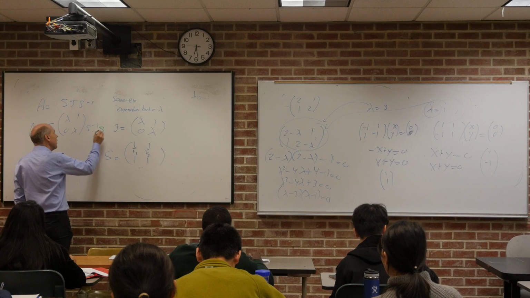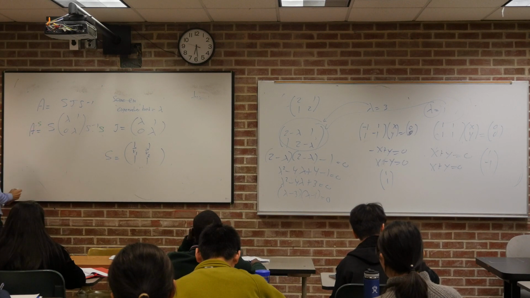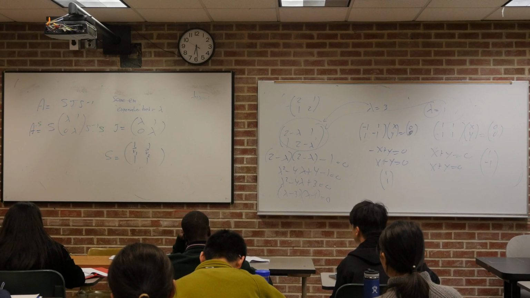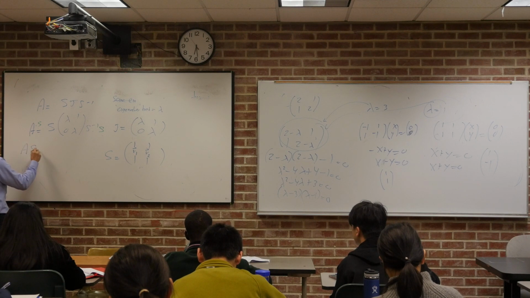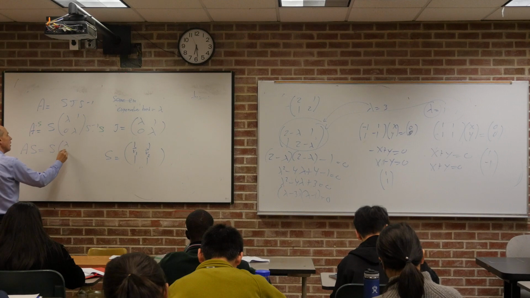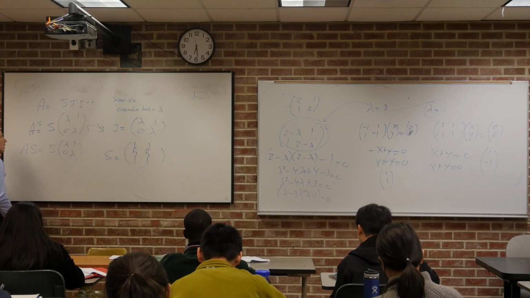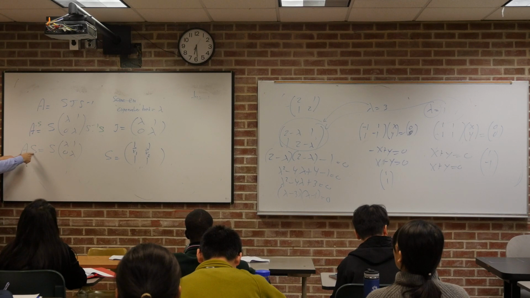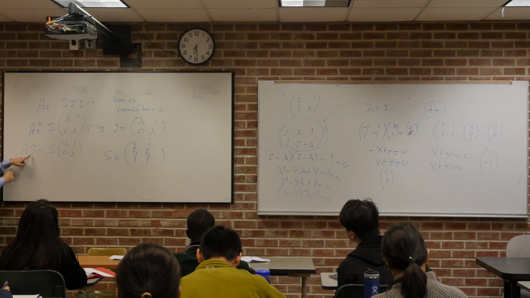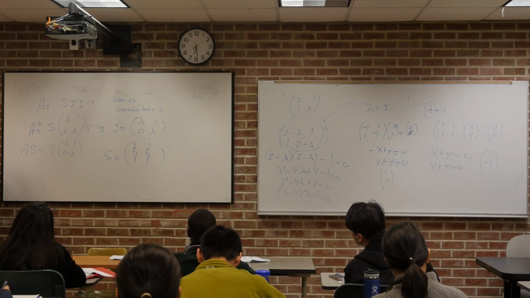But there's another way to look at what we're doing here. If I right multiply both sides by S, remember that the order matters when we multiply. So if I start with A times S and then switch the order, that's going to be a different matrix.